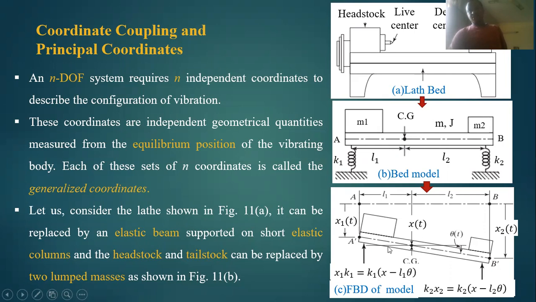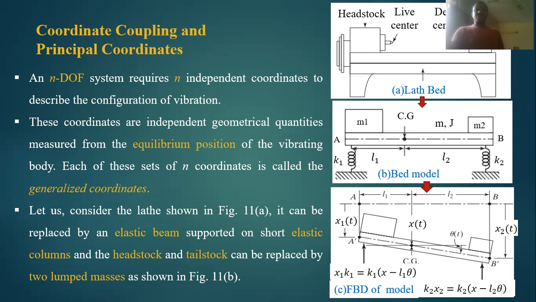Through the CG, x of t and theta of t are the coordinates which we can use. If we are not using the CG and are using the extreme points, then we can use x1 and x2. Or there is also another kind of representation. So this is a simplified representation to analyze the vibration.